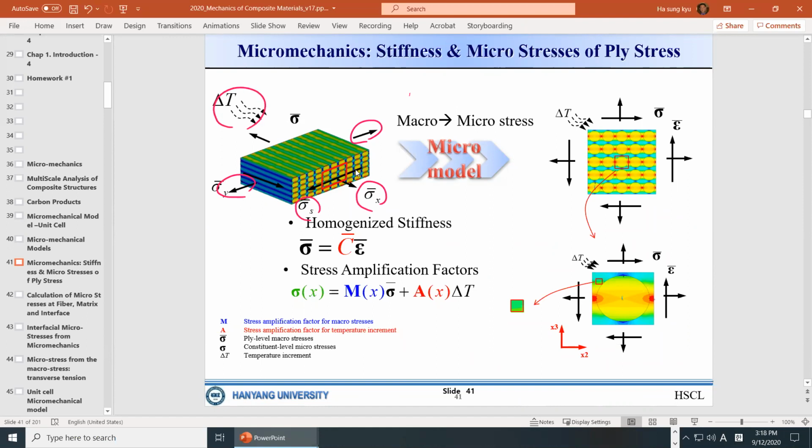These are applied to this kind of unicell arrangement, to a unicell. And now this one, just one unicell, we assume will be subject to the same load as the outside. So again, this is the unicell model.